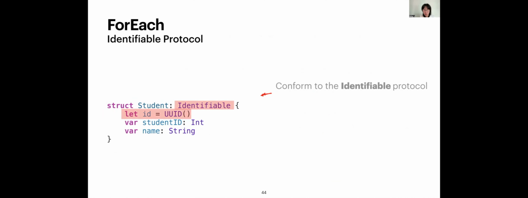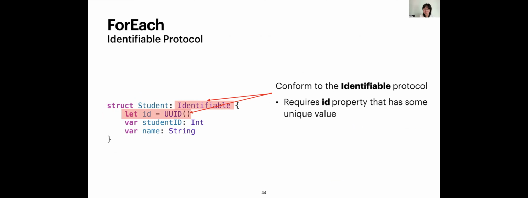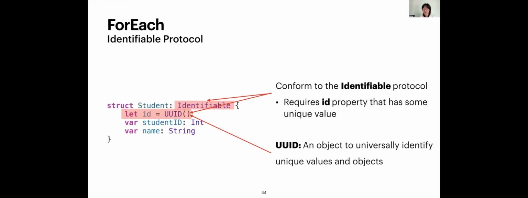So the cleanest approach is to conform your data type to the Identifiable protocol. A protocol is a contract. It says if you want to be Identifiable, you must have an id property with a unique value. Here our Student struct conforms to Identifiable by having a let id = UUID parameter. UUID generates a universally unique identifier, basically a random string that's guaranteed to be unique.